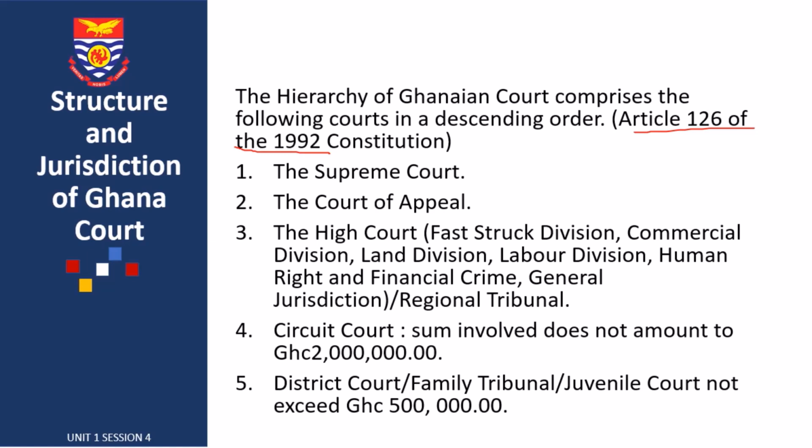You should also understand that the Supreme Court has the original jurisdiction of enforcement and interpretation of the Constitution. I've made that point clear. The Supreme Court is the court that has the jurisdiction to interpret or enforce the Constitution.